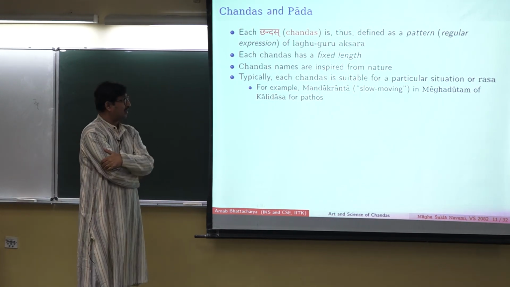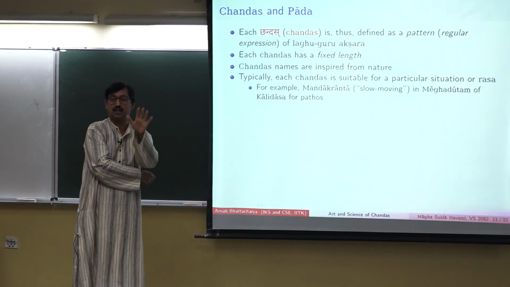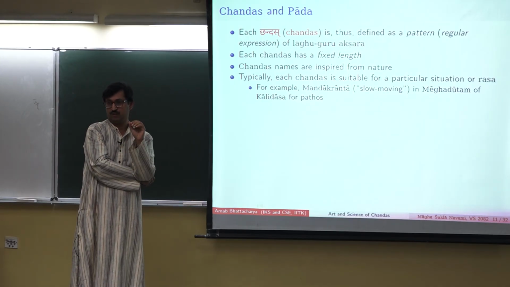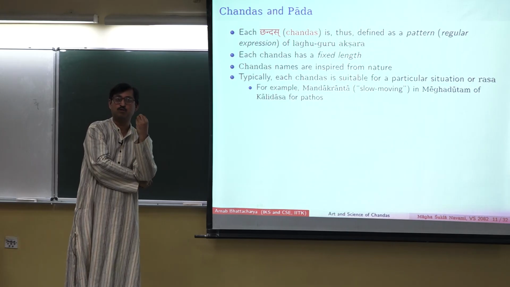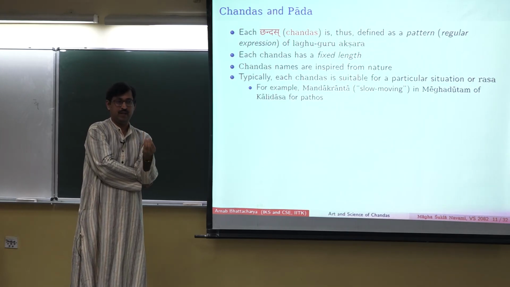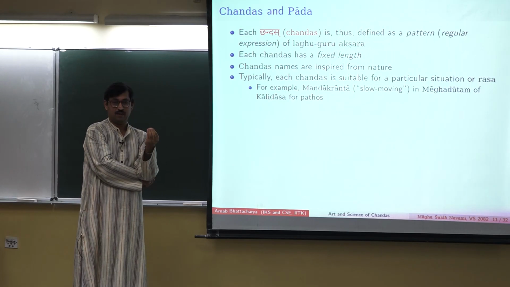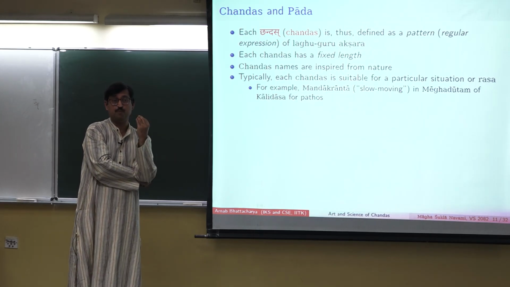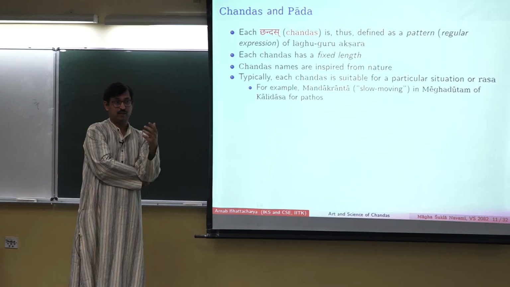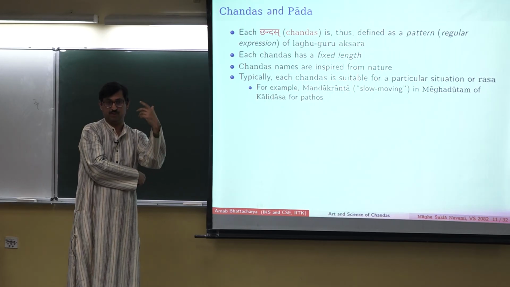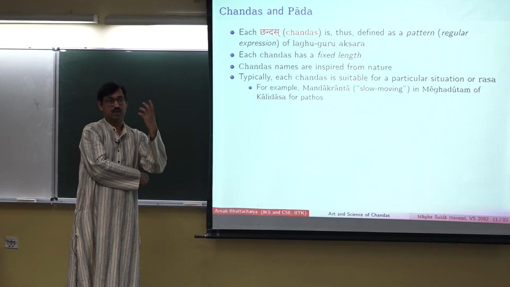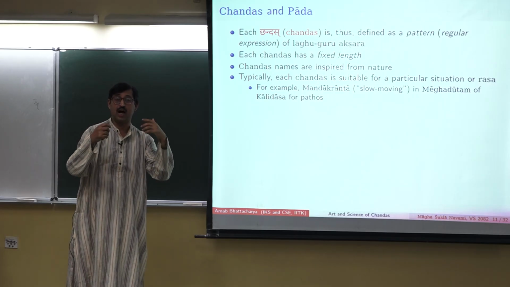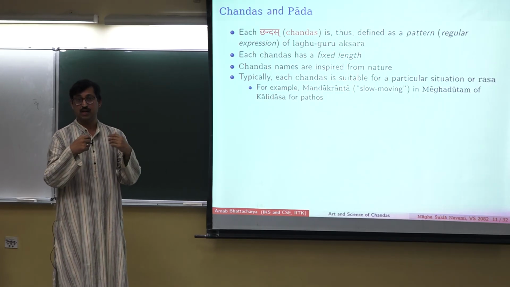So Mandakranta, what does the word Mandakranta mean? Mandakranta, slow moving. Why? When do you use slow moving in a poetry? When it is something of pathos, right? So Kalidas uses it very naturally, very beautifully in Meghadutam, right? When this Yaksha is under Viraha rasa, so he is sad, so he is uttering in this Mandakranta chanda.